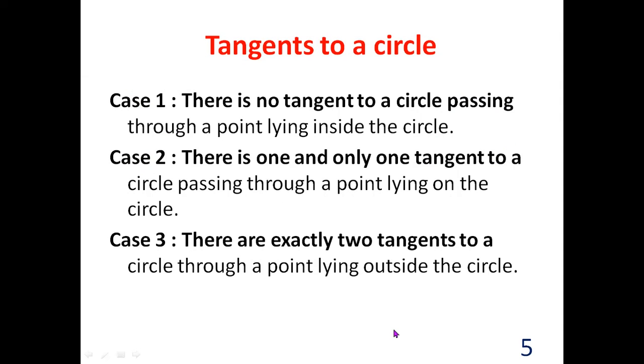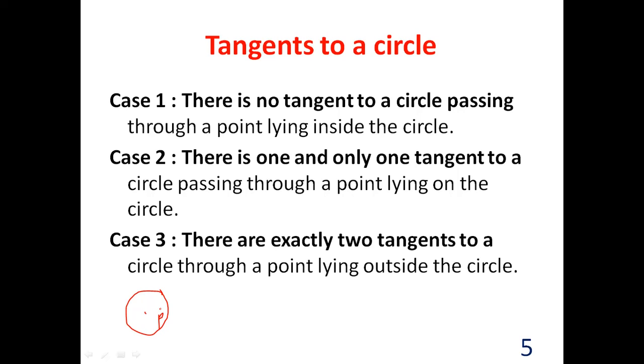tangents to a circle. Suppose a circle is there, and a point is in the interior of the circle. Let us take the case here, circle, and a point, this is the center of the circle. Another point P we have here in the interior. Can you draw a line which is a tangent to the circle passing through P?